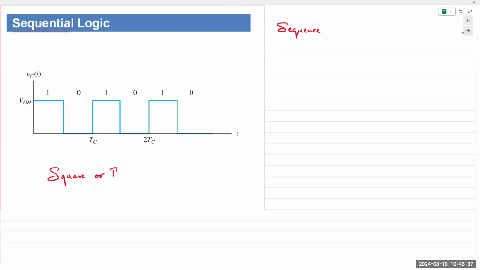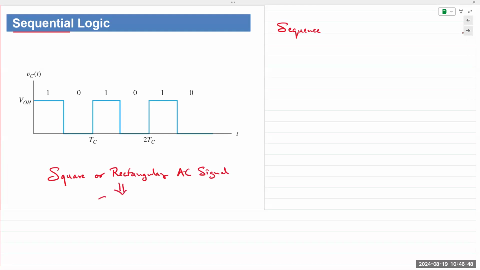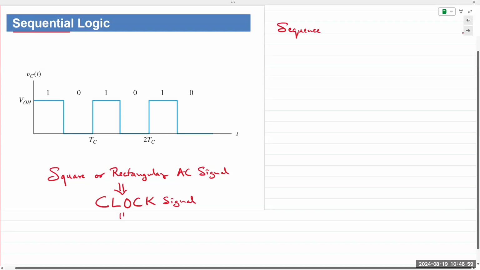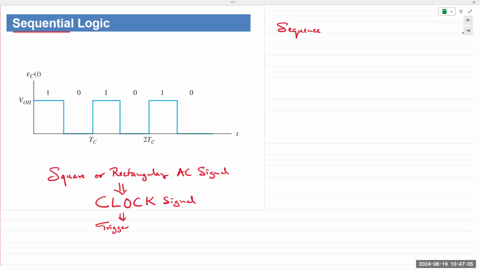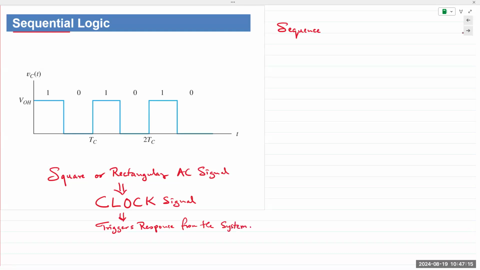A square or rectangular AC signal is referred to as a clock signal. And this clock signal will trigger a response from the system or the circuit. Okay.